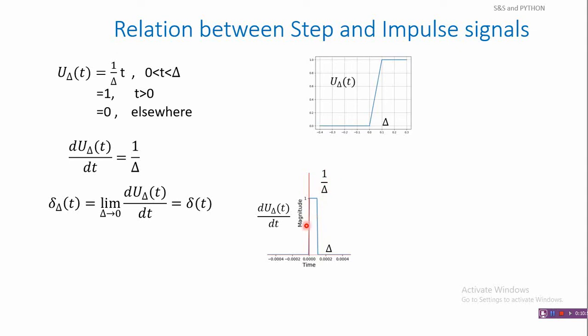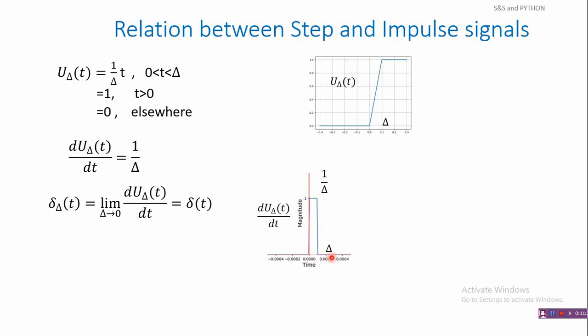Okay. So in the limit as delta tends to 0, u delta of t approaches the unit step function u of t, and its derivative approaches an impulse. The product 1 by delta and delta is equal to 1, so the area enclosed by this pulse is equal to 1.